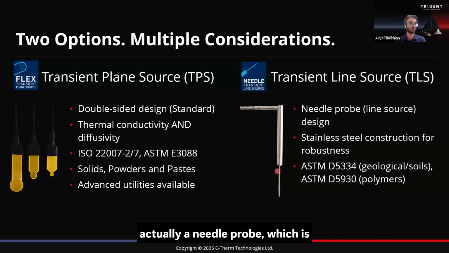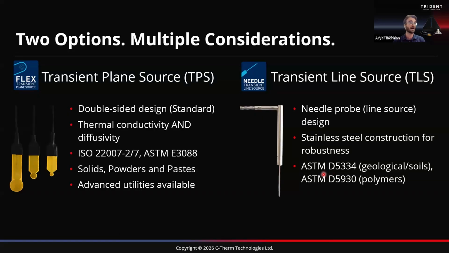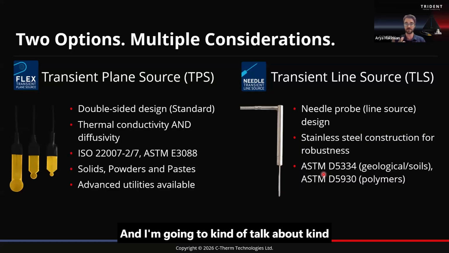It's actually a needle probe, which is inserted into the sample, as I showed in that sample prep image earlier in the slides. The needle probe does have some additional considerations on the prep side, but we do see reference to the ASTM D5334 standard for some of the concrete testing. I'm going to compare and contrast these two.